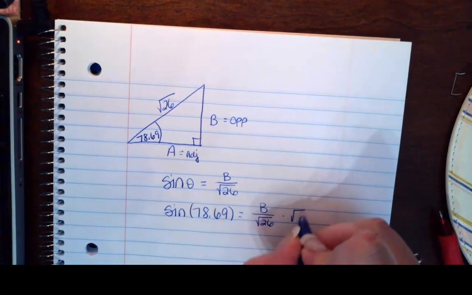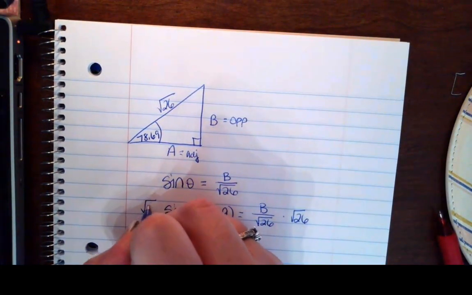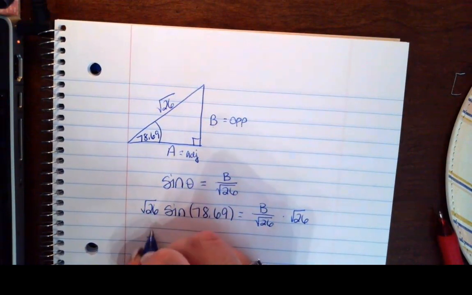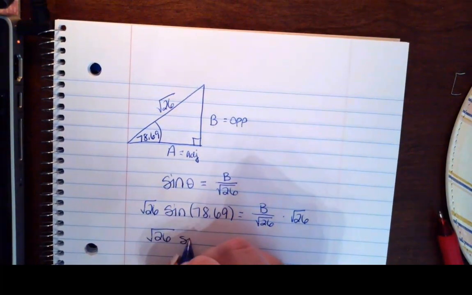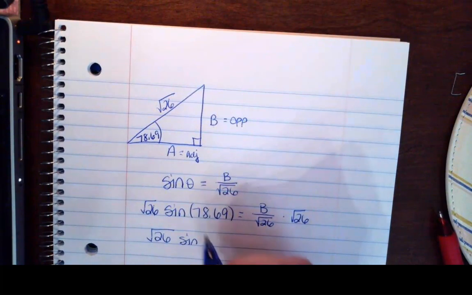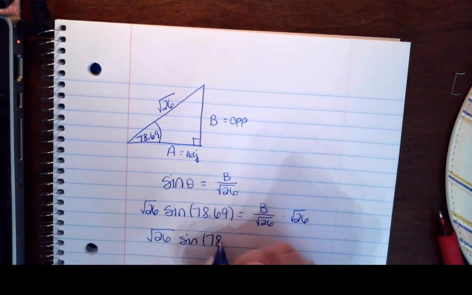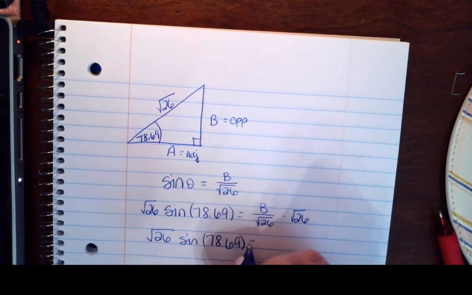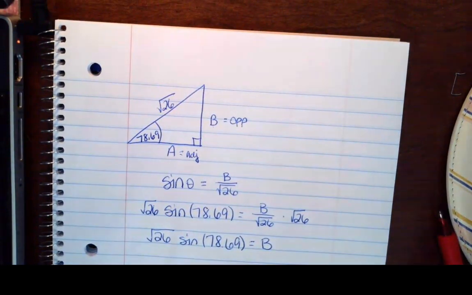So I'm going to multiply both sides by root 26. What I'm going to enter in my calculator is the square root of 26 times the sine of 78.69, which will tell me what B is.